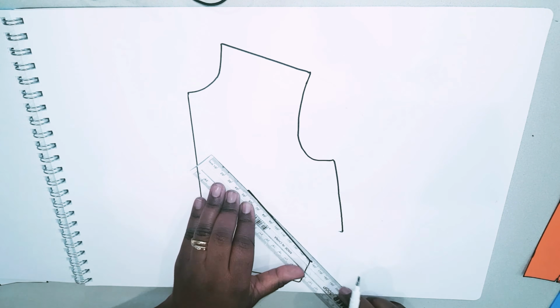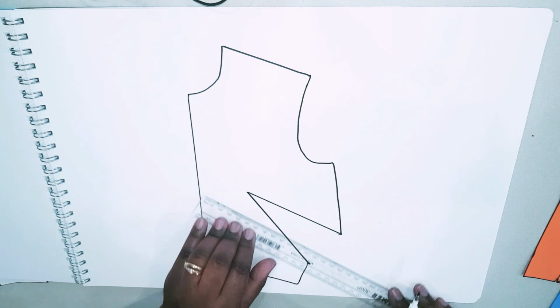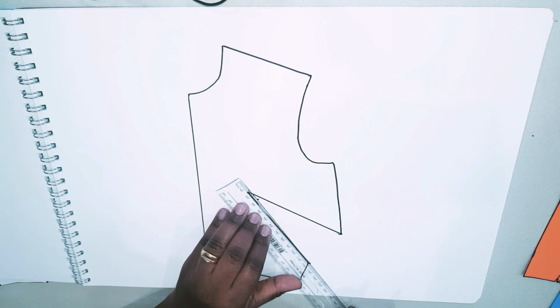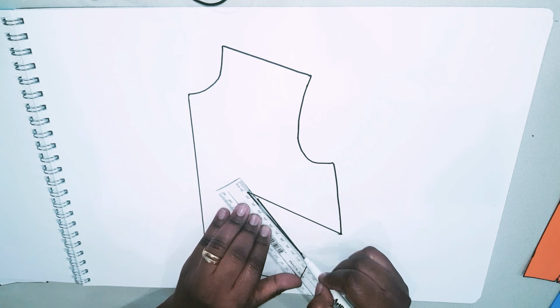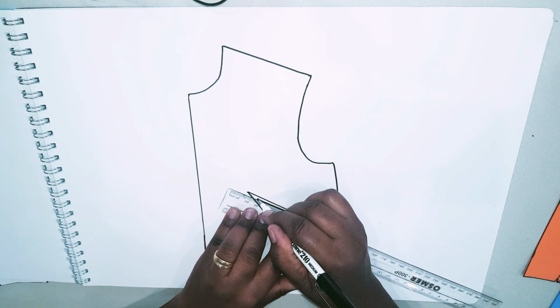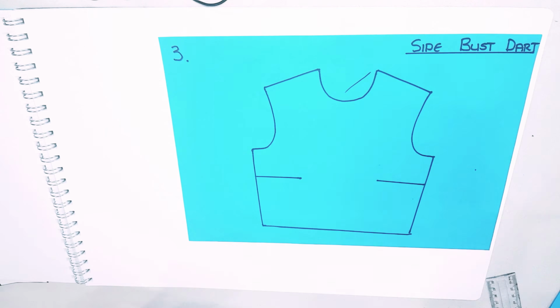Draw the dart legs. Back off from the bust point 1.5 to 2 centimeters and redraw your dart legs again. Okay, that's complete.